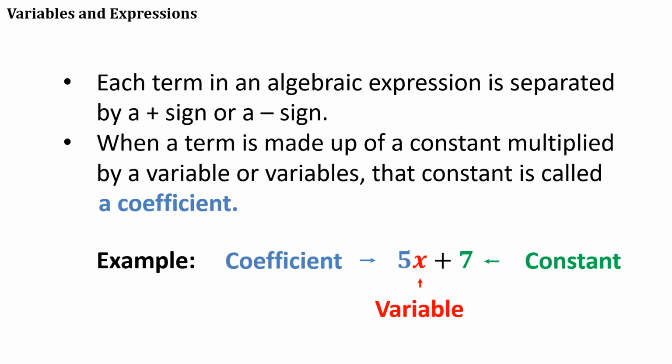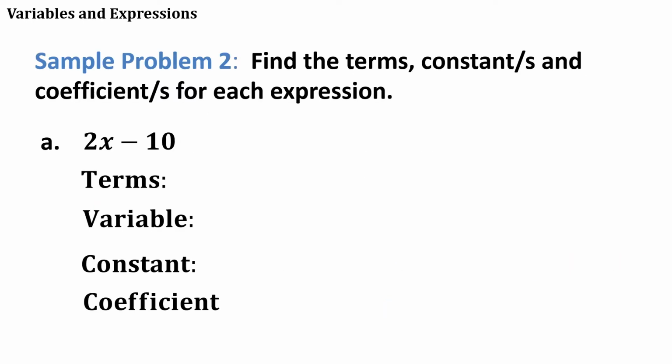Now let's put our knowledge to the test. Let's check out this example. It says to find the terms, the constants, and the coefficients of each expression, and you have 2x minus 10. How many terms do we have in that expression?